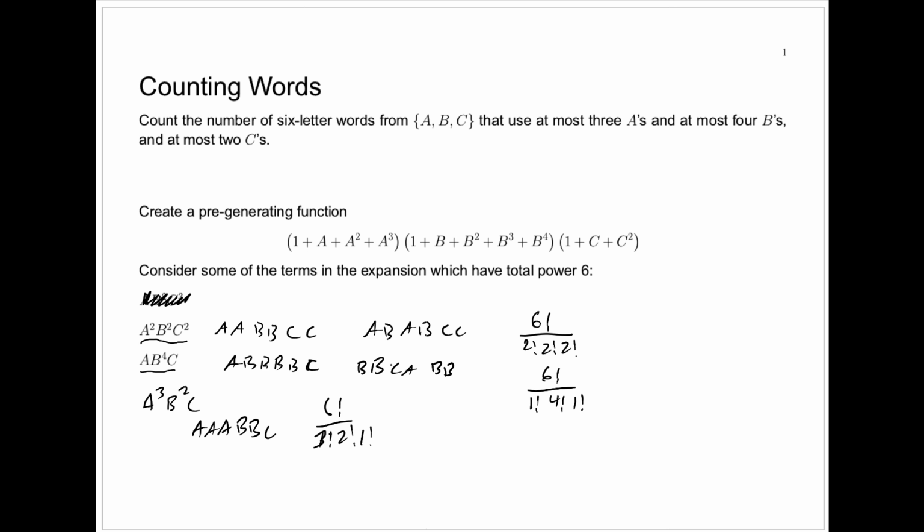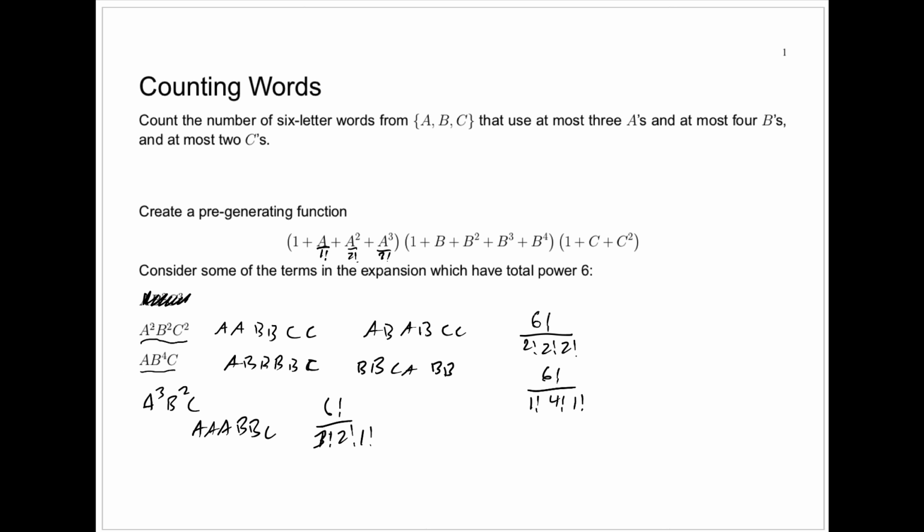Well, the important thing to notice is these denominators, 2 factorial, 2 factorial, 2 factorial, correspond to the factorials of the exponents in the a, b, and c. The same thing here and the same thing here. We can build that into the generating function by putting them in here. Change this a to an a over 1 factorial, which doesn't really change anything. Change the a squared to a squared over 2 factorial, the a cubed to a cubed over 3 factorial.